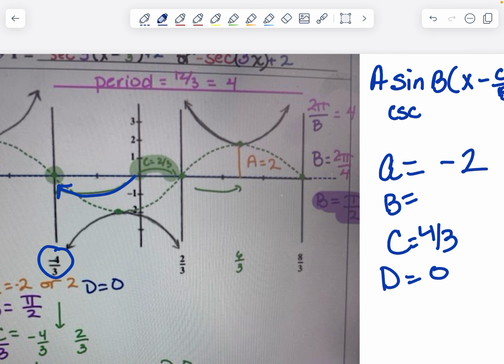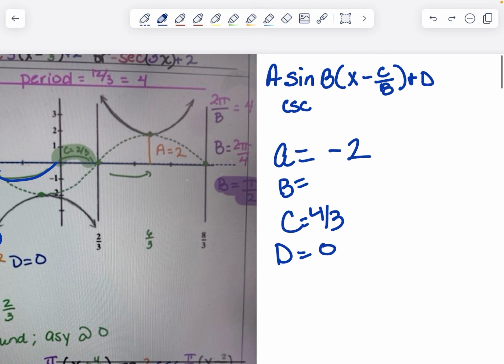We've got to get one whole pattern in there. Now you can't take anything from the y-axis because there's no point from there. So we're going to go from negative 4/3 and complete a whole pattern. We've got interval, minimum, interval, maximum, interval, and we ended at 8/3, right? So negative 4/3, so 4/3 to 8/3 basically.